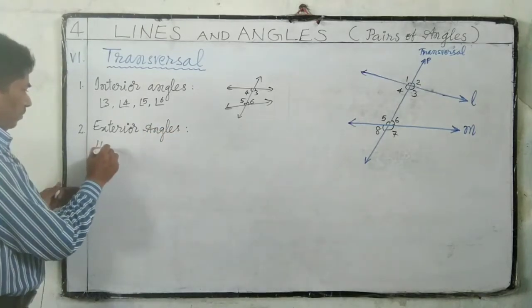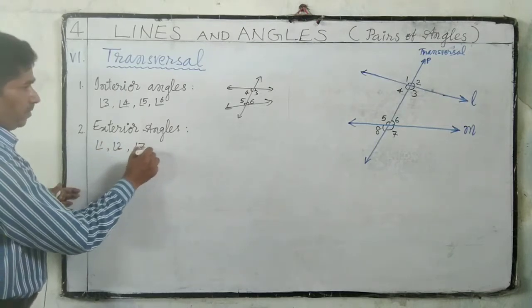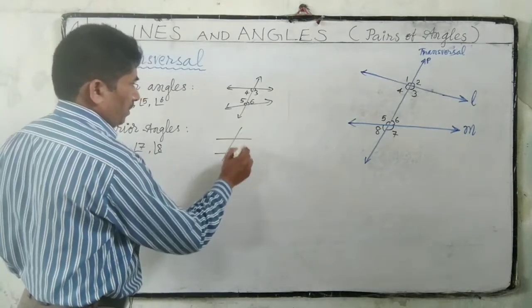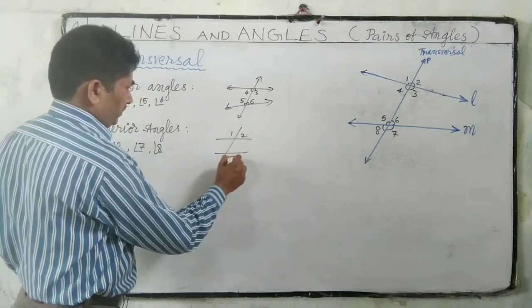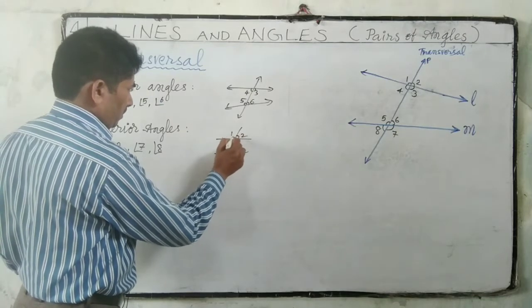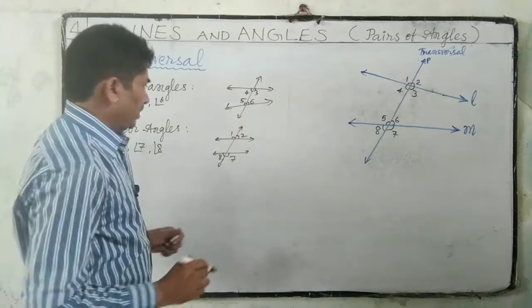Angle 1, angle 2, angle 7, angle 8. These are exterior angles.